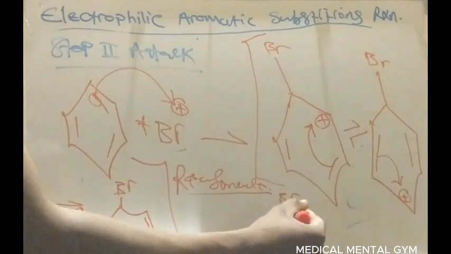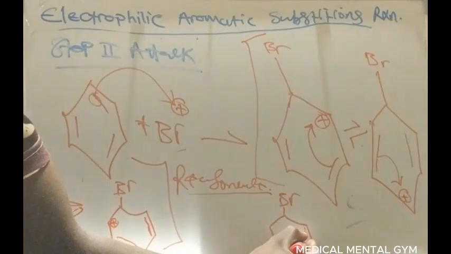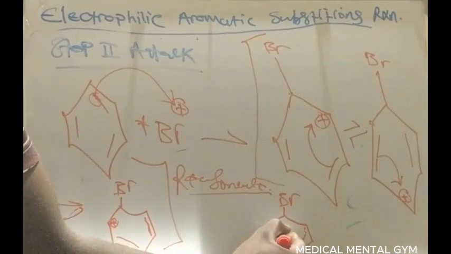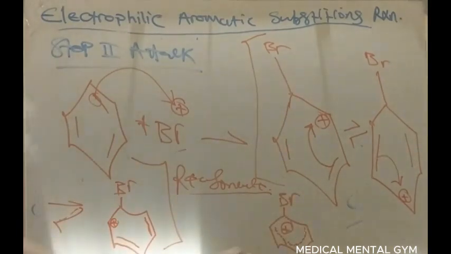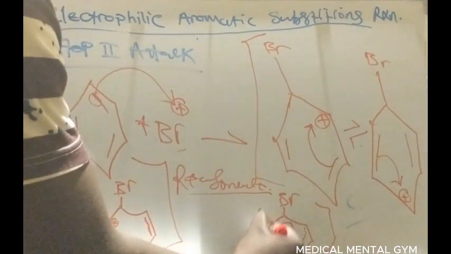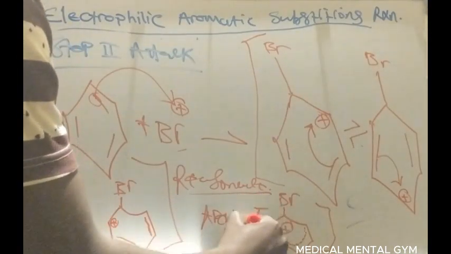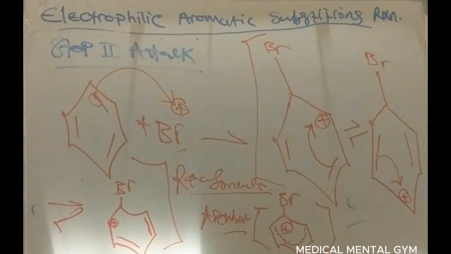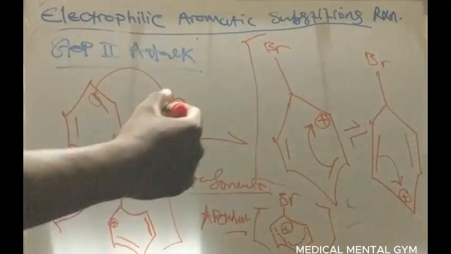So the resonance will move from this positive charge and the positive charge there. This is our arenium ion. If we're required to produce an arenium ion, that's how we can produce it, based on the migration of the positive charge, the limits the positive charge had reached.